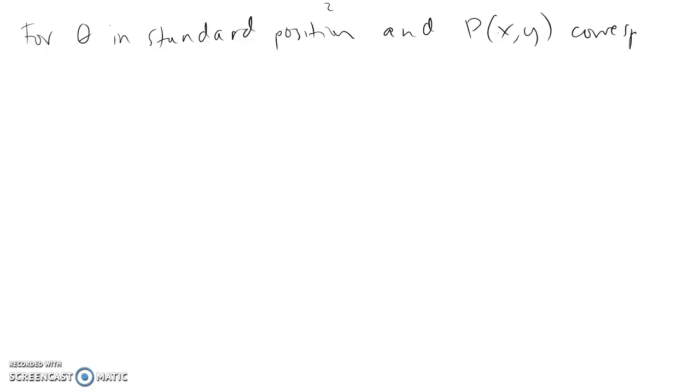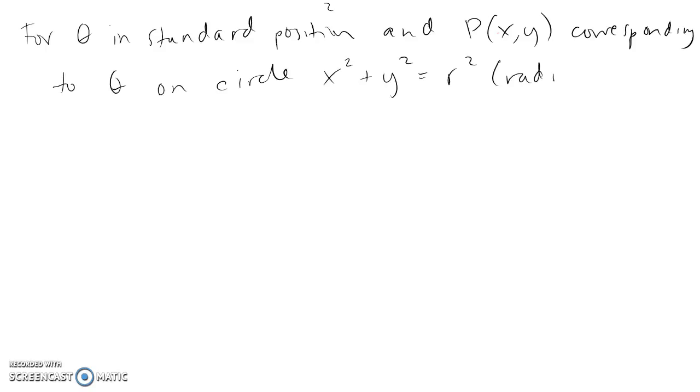For an angle in standard position, theta, and for the point P(x, y) that corresponds to theta on the circle, instead of x squared plus y squared equals 1, we're going to say x squared plus y squared equals r squared, which means it has a radius of r.